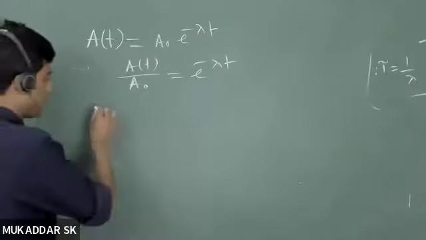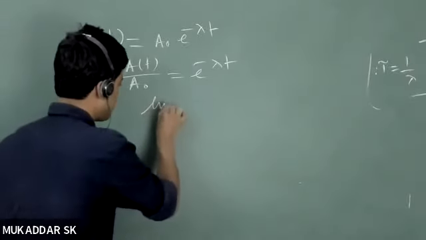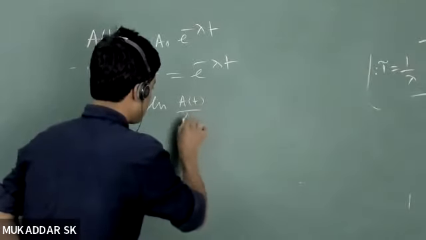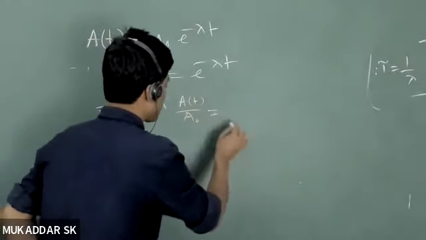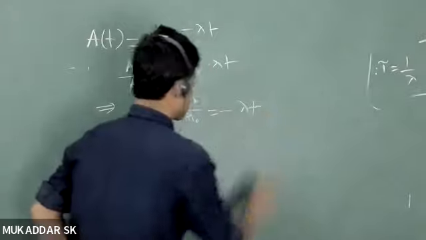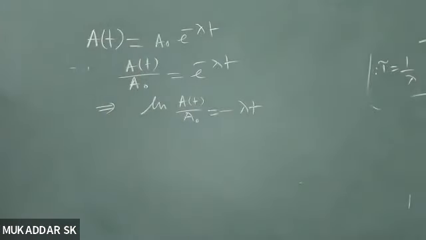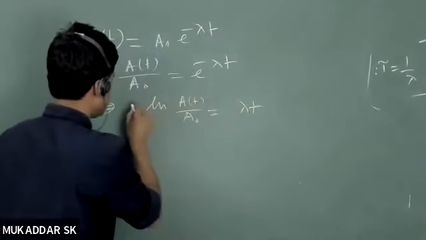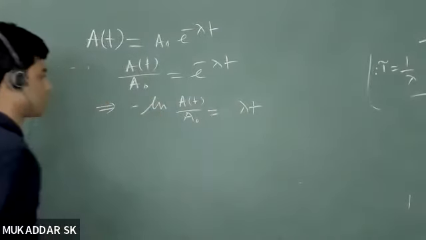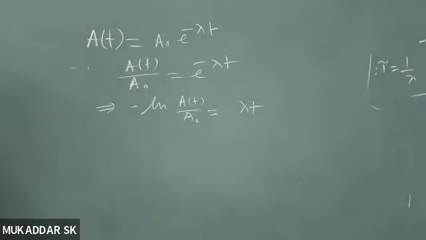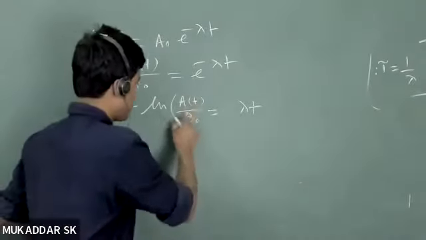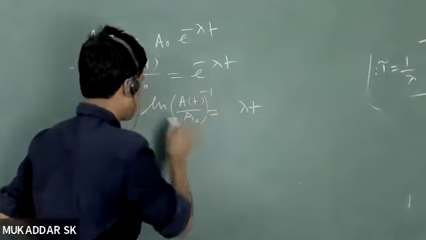If you take natural log both sides, you will have ln of A_t divided by A0 equals minus lambda t. Now if I multiply both sides by minus 1, this minus you can bring as a power. That is the property of log.